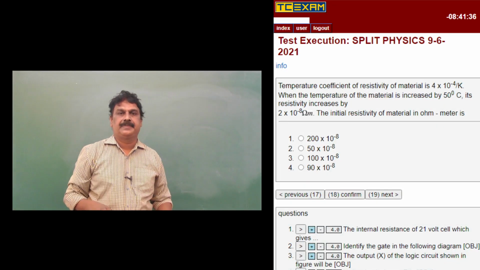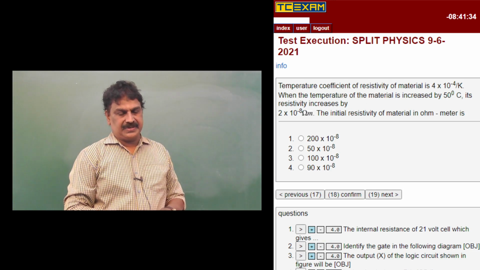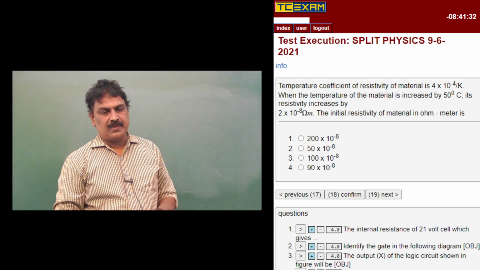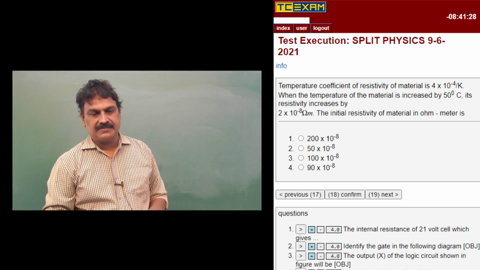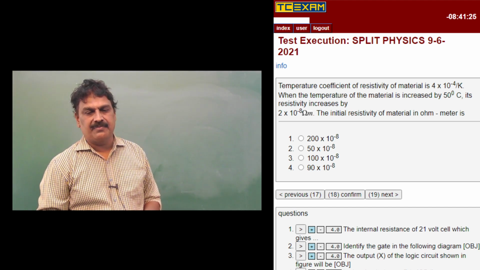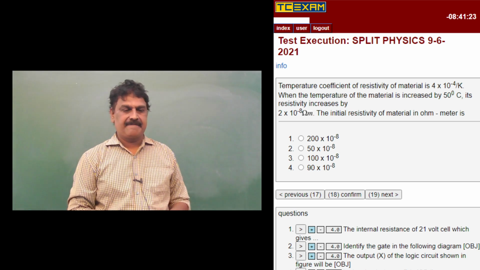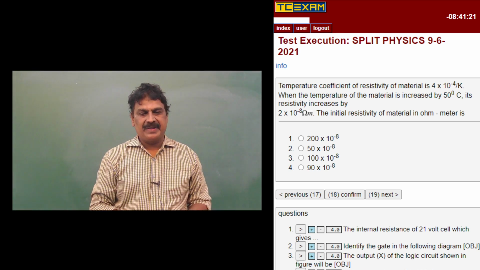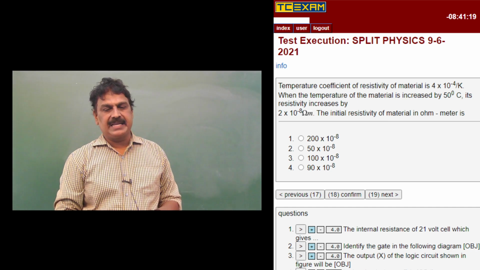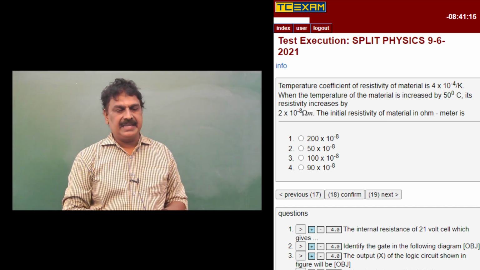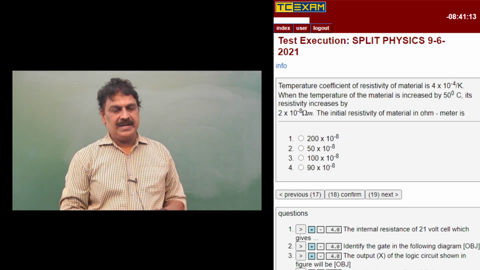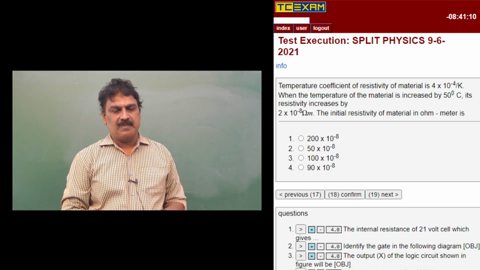Now, the next question: the temperature coefficient of resistivity of a material is 4 into 10 raised to the power of minus 4 per Kelvin. When the temperature of the material is increased by 50 degrees Celsius, its resistivity increases by 2 into 10 raised to the power of minus 8 ohm meter.